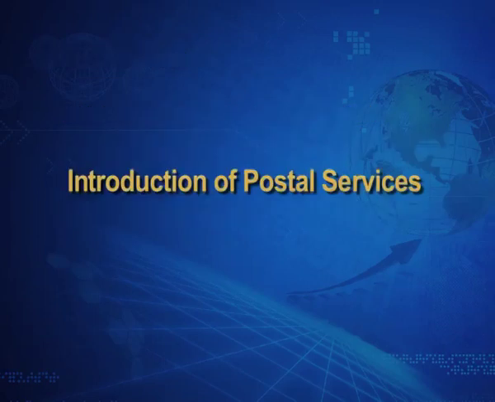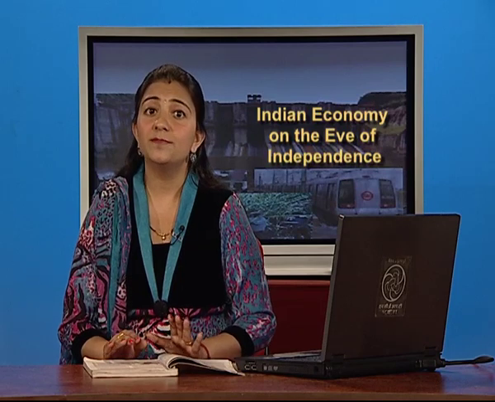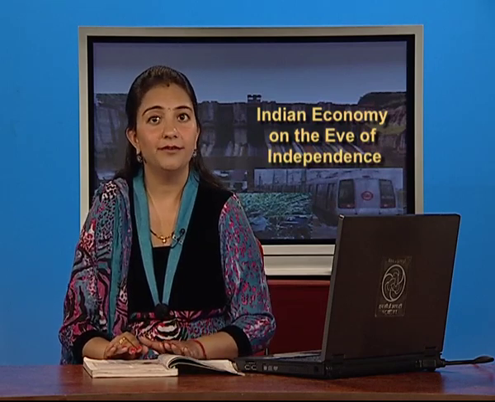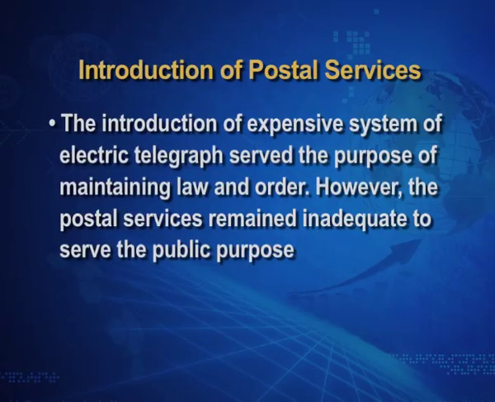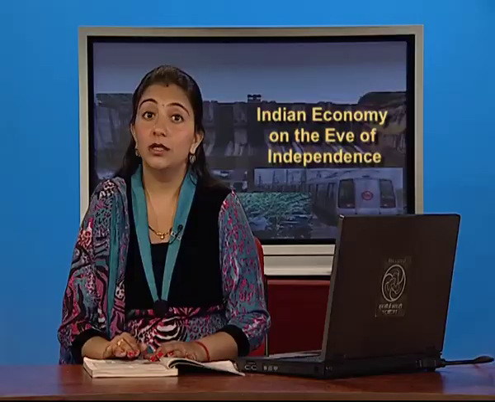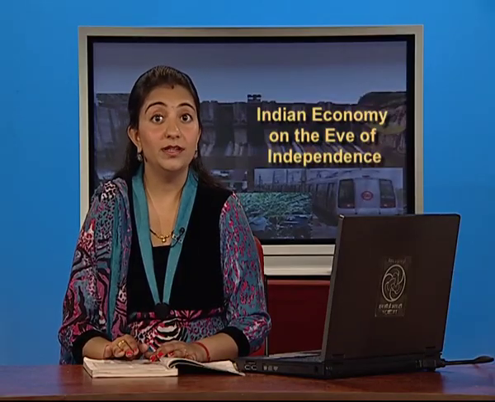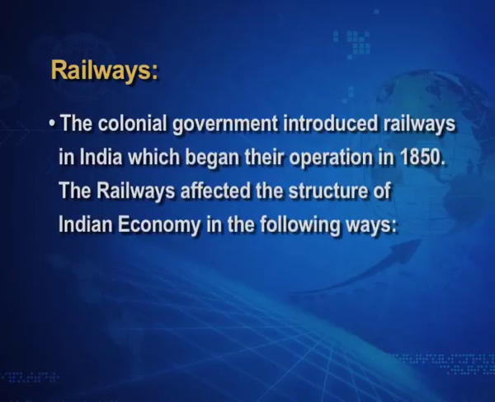Introduction of postal services. The introduction of the expensive system of electric telegraph served the purpose of maintaining law and order. However, the postal services remained inadequate to serve the public purpose. Railways. The colonial government introduced railways in India, which began their operation in the year 1850.